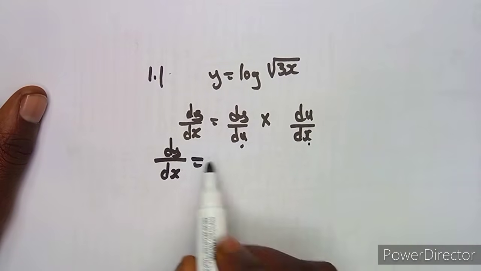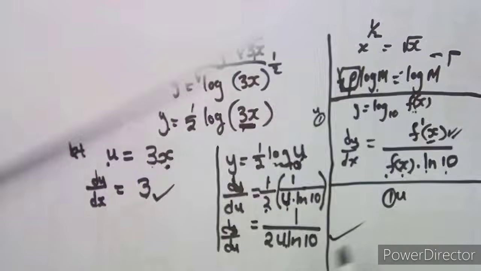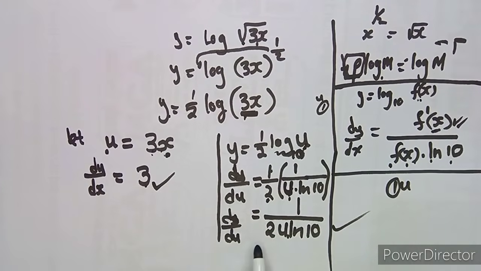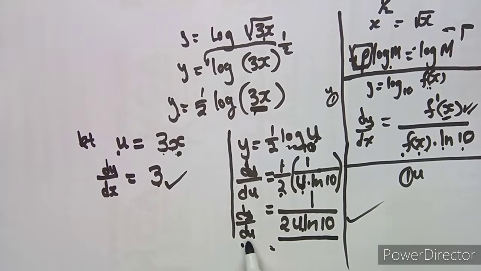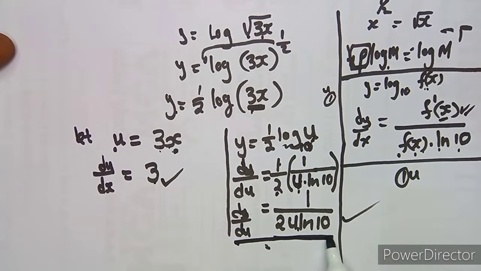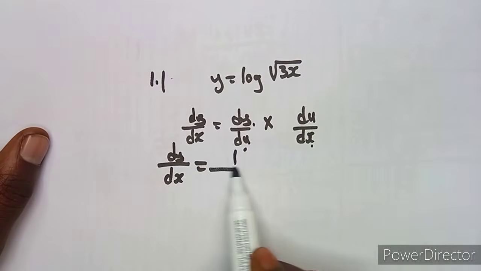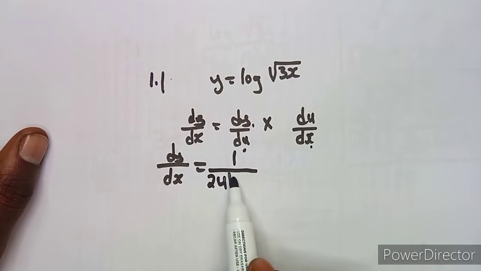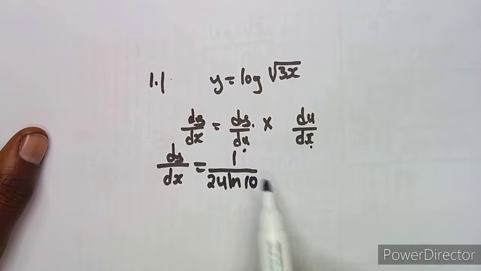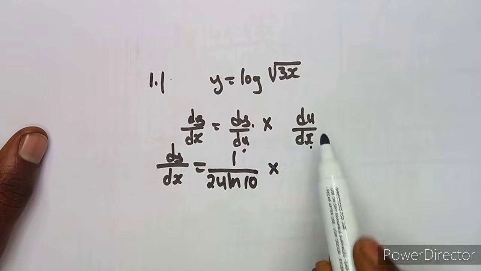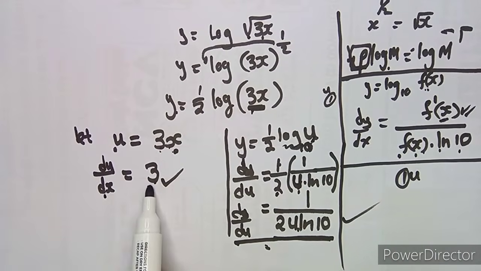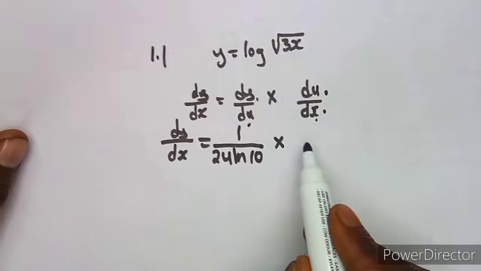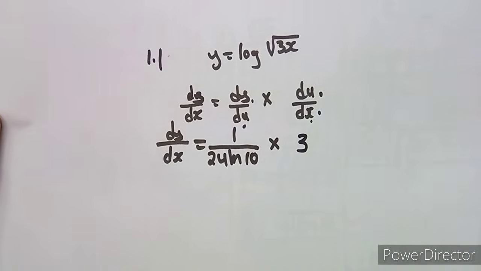I'm going to explain another step again. dy/du, this is our dy/du in this case, which is 1 over 2u ln 10. You're going to have 1 over 2u ln 10 multiplied by du/dx. Our du/dx, we obtained 3. So you're going to multiply by 3.